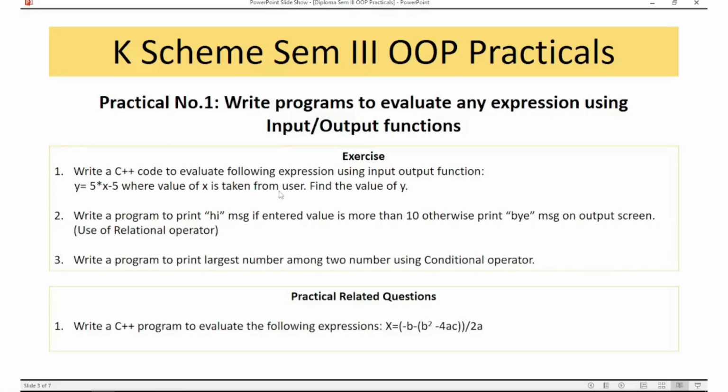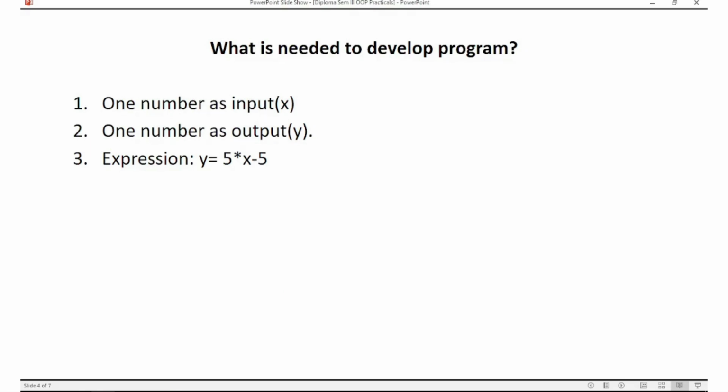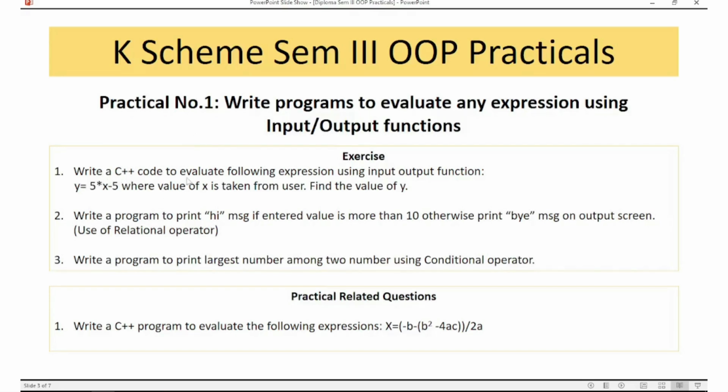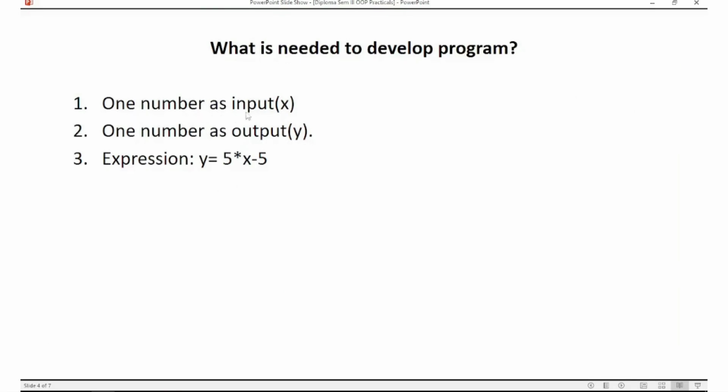First of all, we need to understand what we need to develop this program. So what are the different parts that we need? I have already written what is needed. In the question it is given that the value of x is taken from the user. So we need one number as an input.